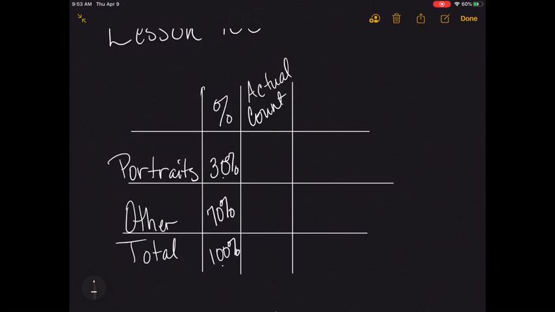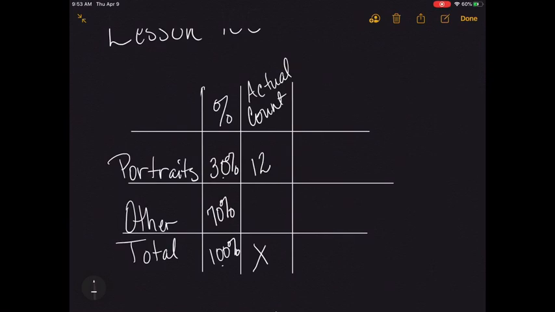It also says if there were 12 portraits, how many paintings were there in all? So our actual count for portraits is 12. And then we have to ask ourselves, what are we looking for? We're looking for the total. So I'm going to put a variable there. You could have chosen any letter you wanted. I chose X.